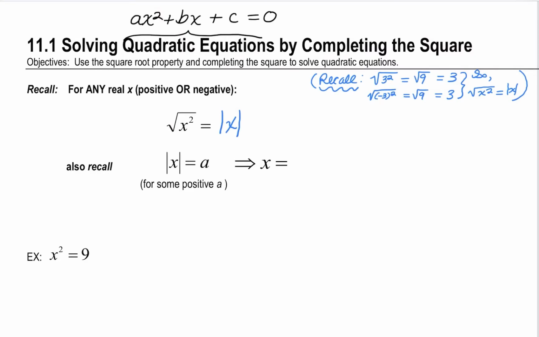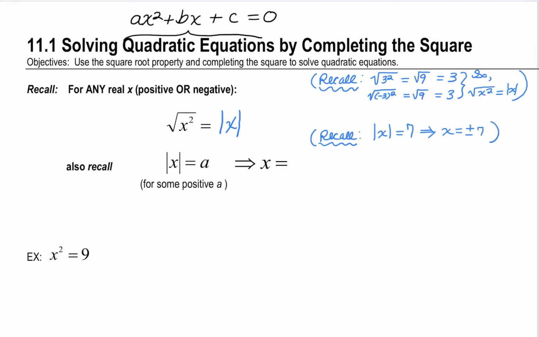Now let's recall from our chapter on absolute value that if I said solve the equation absolute value of x equals 7, for some positive number like 7, that would be satisfied if x was equal to either positive or negative 7.